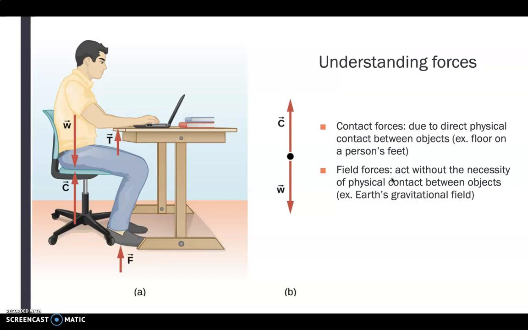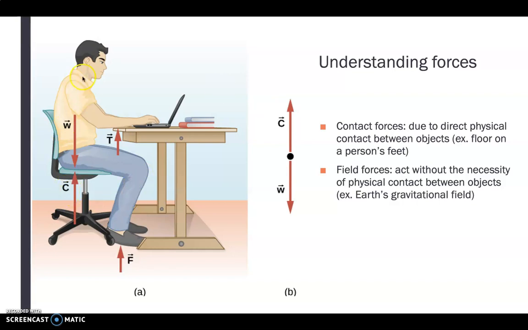So an example of contact forces would be the floor, or a person's feet on the floor, and then a field force would be like Earth's gravitational field. Again, we will look more into the contact forces. In this course, the only field force that we will really be looking at is Earth's gravitational field.